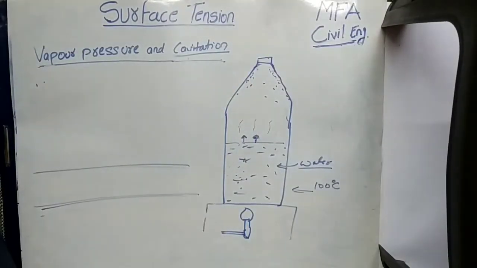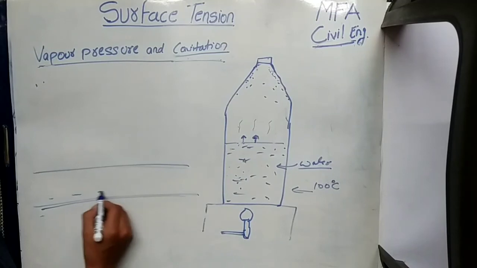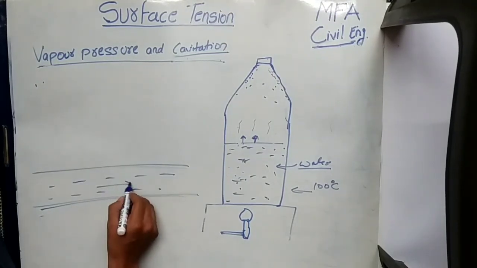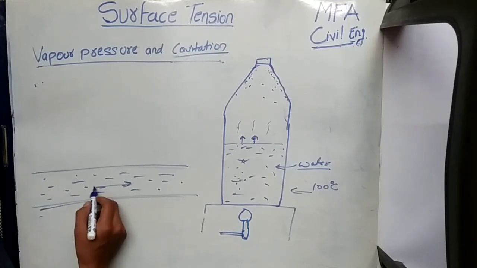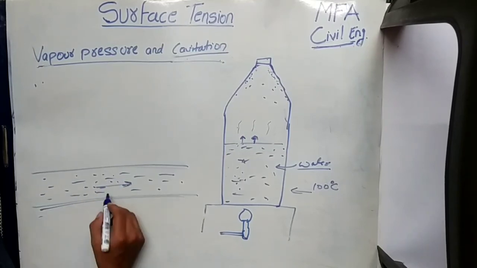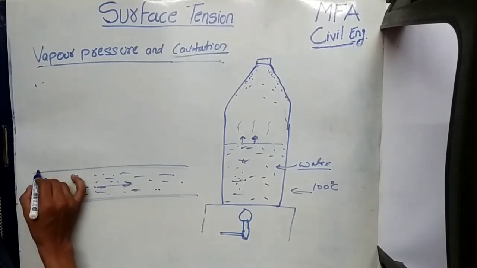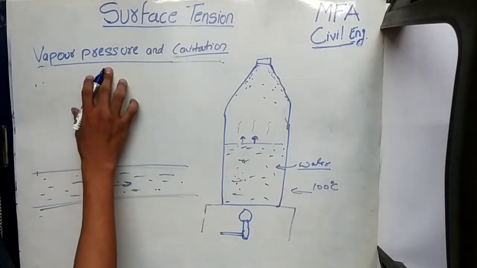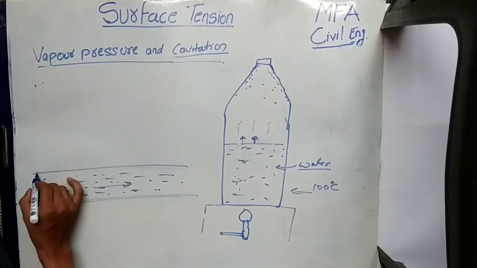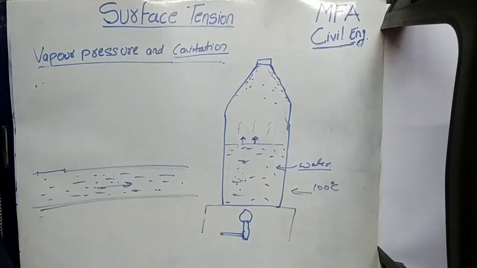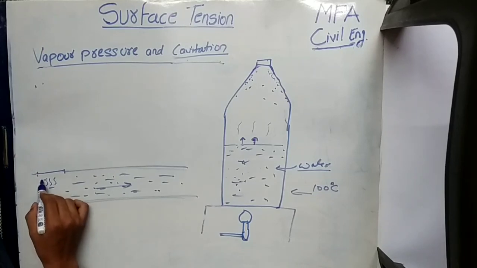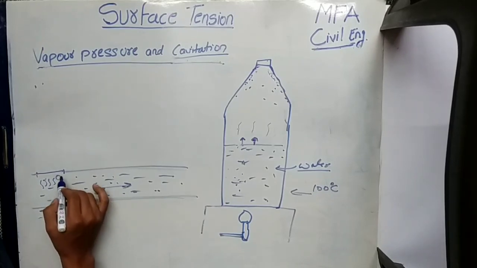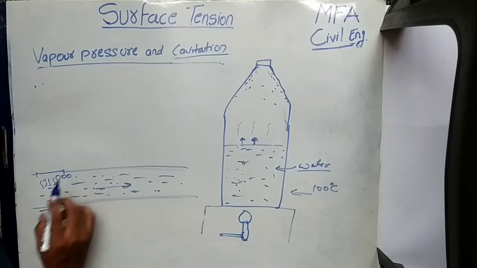Cavitation. Consider a liquid flowing in a system. If at any point in this flowing system the pressure of the fluid becomes less than or equal to the vapor pressure, then vaporization takes place. Consider this is the region where the fluid pressure becomes equal to or less than the vapor pressure. In this region, vaporization takes place and the liquid gets converted into bubbles.